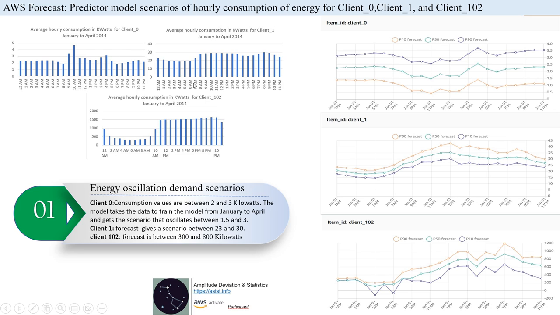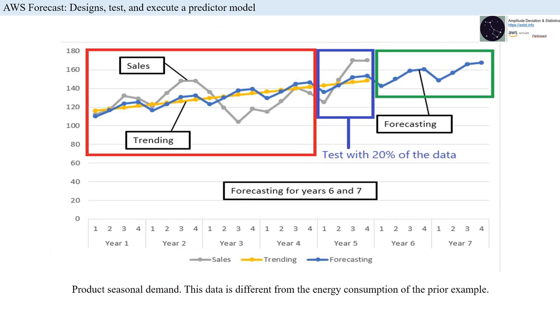Okay, so this is the input, and this is the output, or the forecast, that we are getting from AWS Forecast. Okay, so these are the capabilities of the forecast tool of AWS.